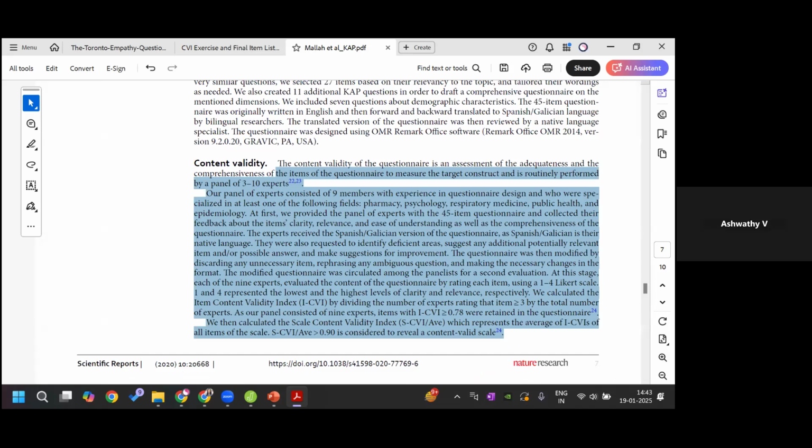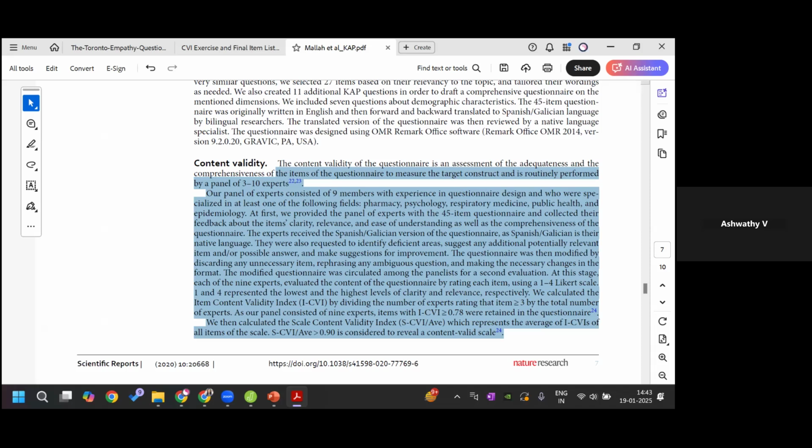The content validity of the questionnaire is an assessment of the adequateness and the comprehensiveness of the items of the questionnaire to measure the target construct and is routinely performed by a panel of 3 to 10 experts. Our panel of experts consisted of 9 members with experience in questionnaire design and who were specialized in at least one of the following fields: pharmacy, psychology, respiratory medicine, public health, and epidemiology.